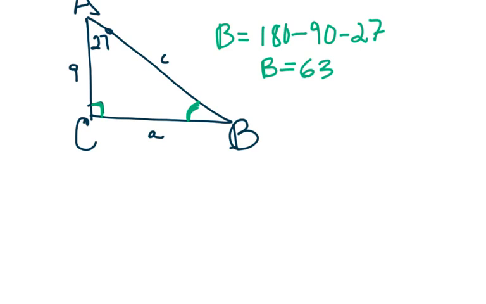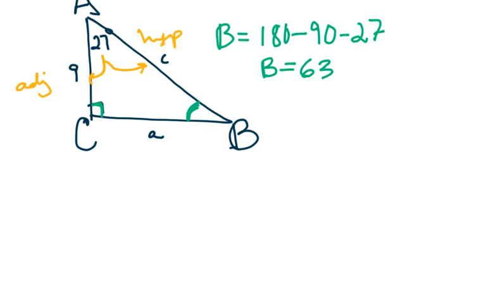Now that I have B, I need to find a and I need to find c. You could use B if you wanted to, but because I was given 27, I'm going to use that. So the 27 is related to the 9 in that 9 is the adjacent side. So if 9 is the adjacent side, I can do the 9 with the c, and that would be the hypotenuse.